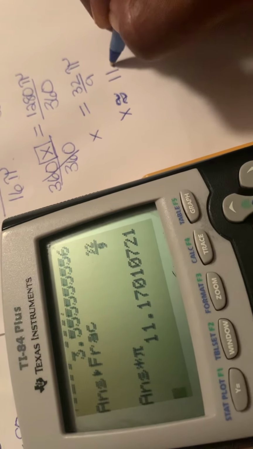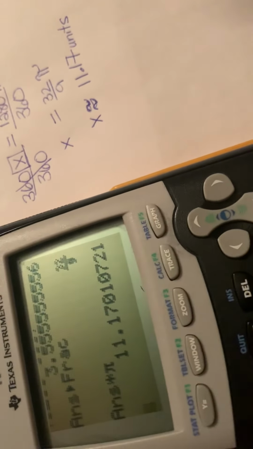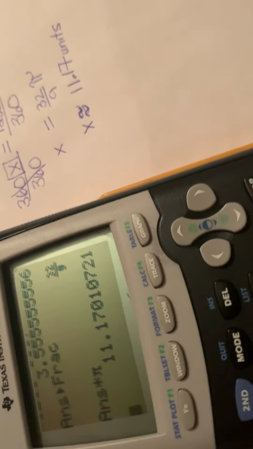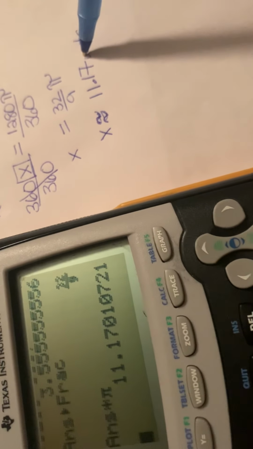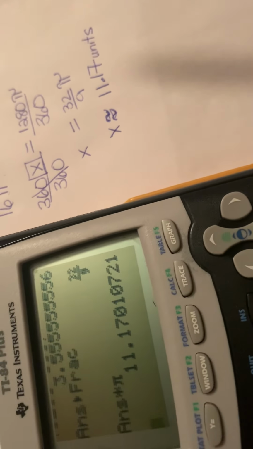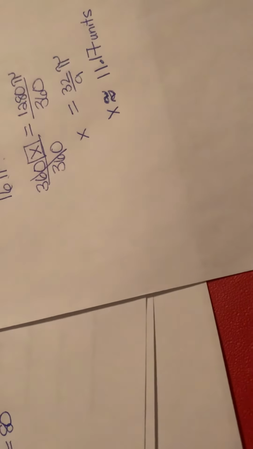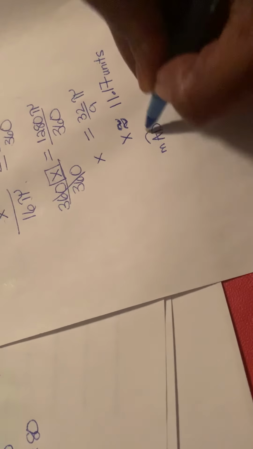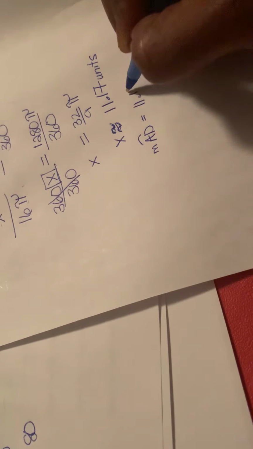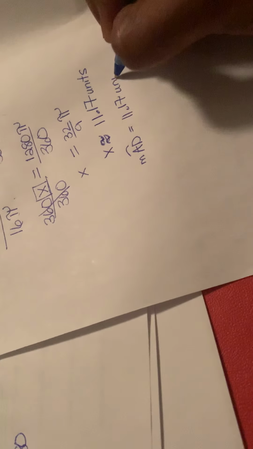And they didn't give me any units, so I'll just say units. Normally it'll say meters, centimeters, inches, something like that. So this is the answer. This is the length of the arc AD. So the measurement of arc AD is 11.17 units.